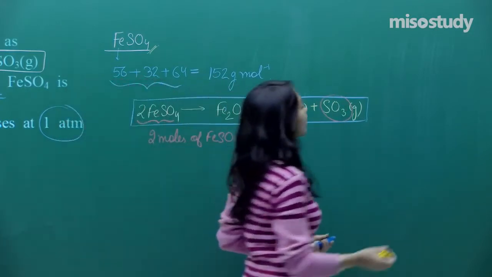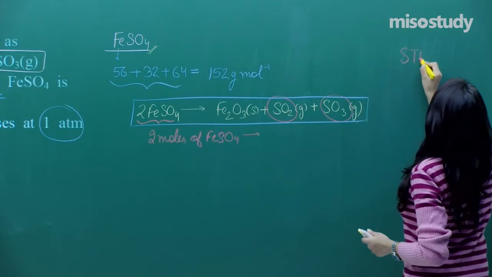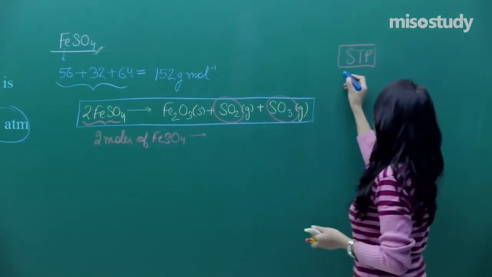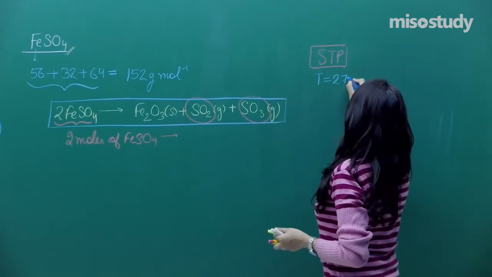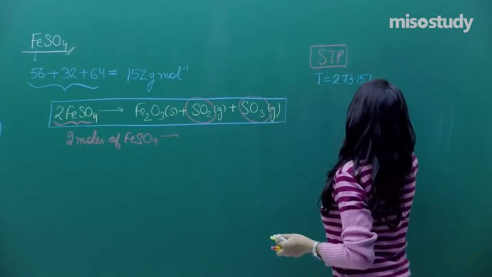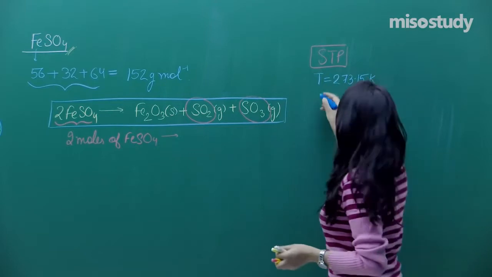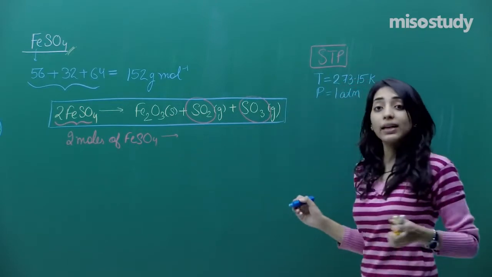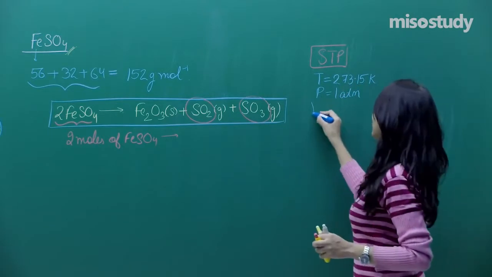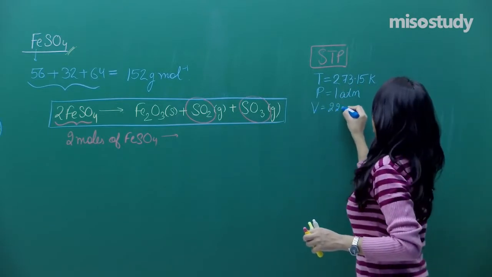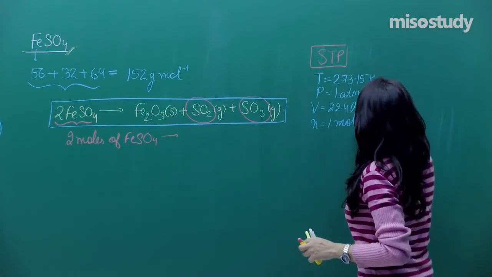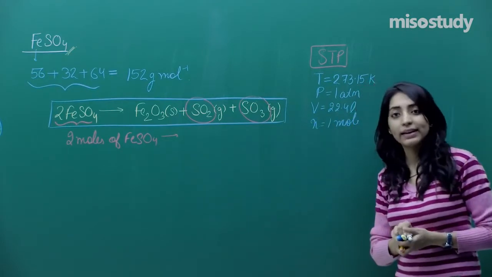Guys, if you remember the standard temperature pressure conditions, the STP conditions, we know, right, when temperature is 273.15 Kelvin and when the pressure is 1 atm, then the volume occupied by the ideal gas will be 22.4 liter if you would have started with 1 mole of the ideal gas, right?